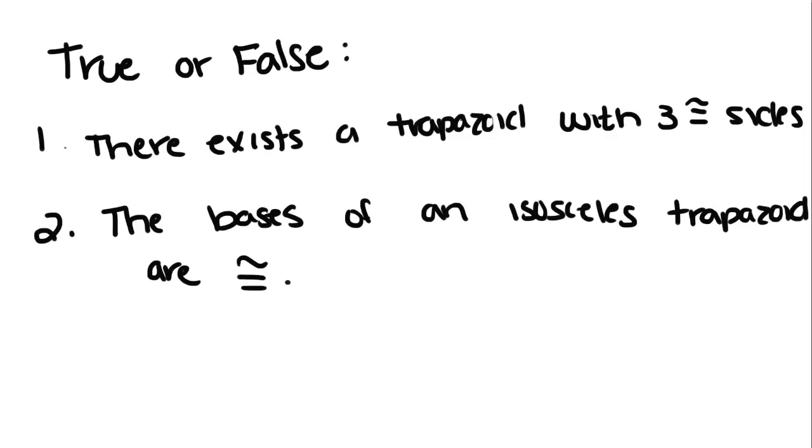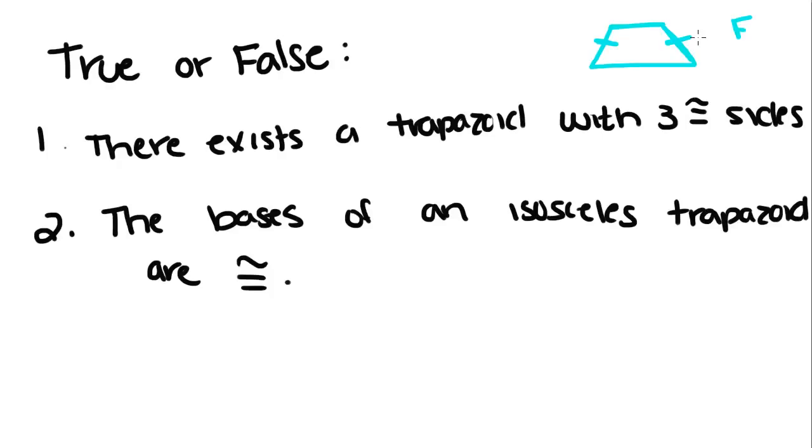So now we have true or false. There exists a trapezoid with three congruent sides. Well, say we have this trapezoid, we're just going to call this trapezoid F. And it's an isosceles trapezoid, so these two sides are the same length.